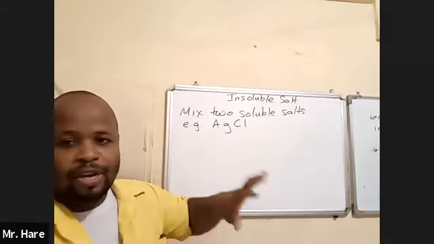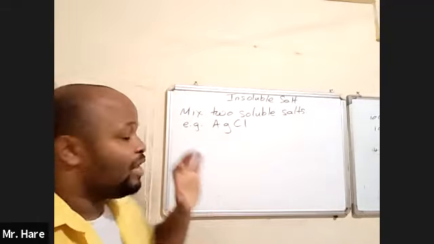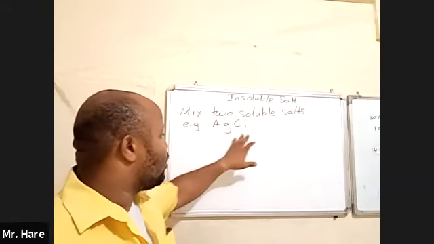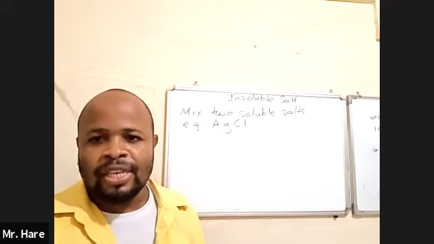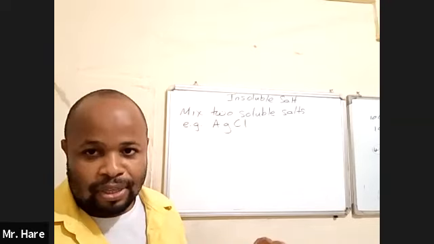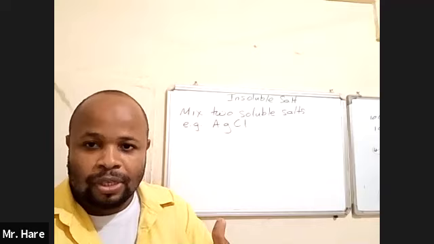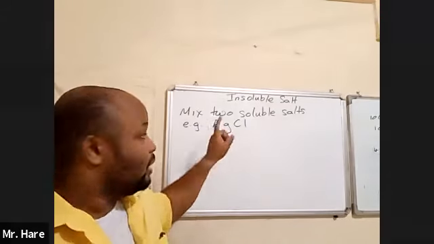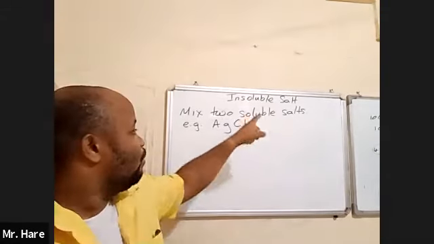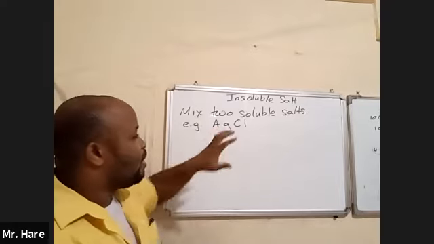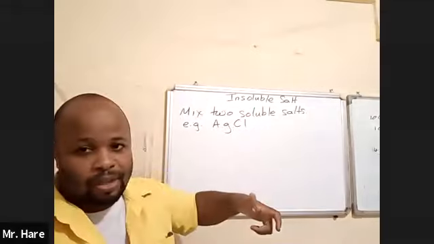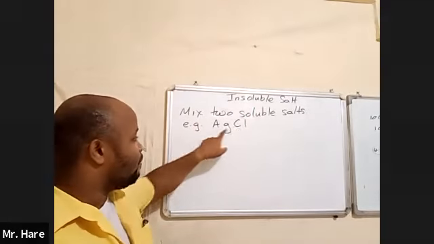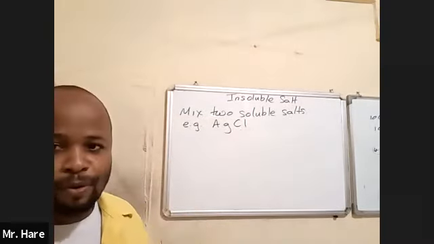All right, so for example, let us say they ask you to prepare silver chloride. The first thing you have to know is, is it soluble or is it insoluble? That is why you need to study. This one is actually insoluble. So to prepare an insoluble salt, we have to mix two soluble salts. The example of the insoluble salt is silver chloride.